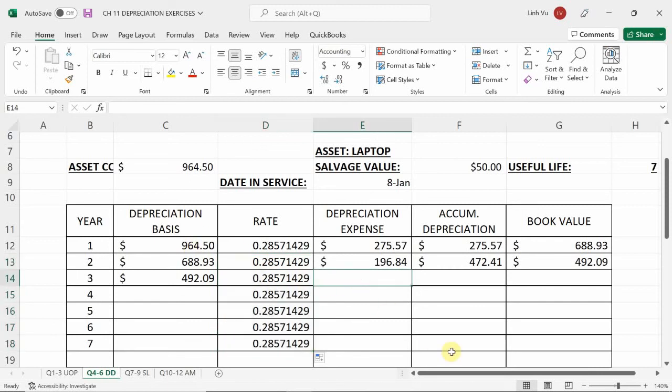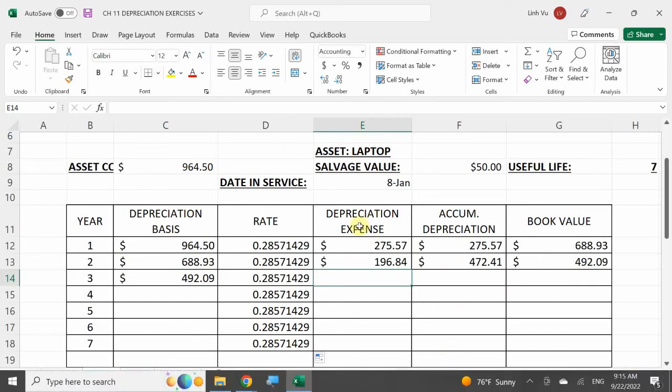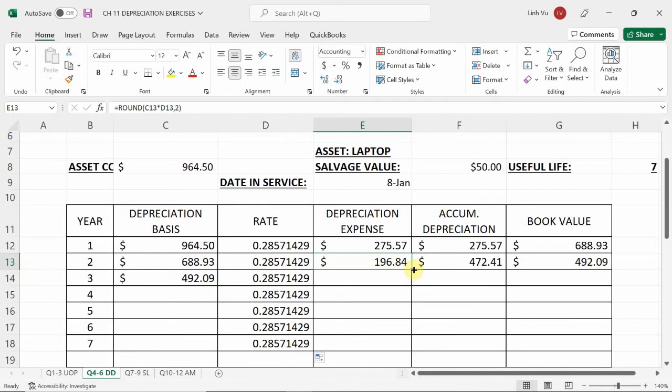Okay, so what's my depreciation expense for the 3rd year? $140.60. Okay.